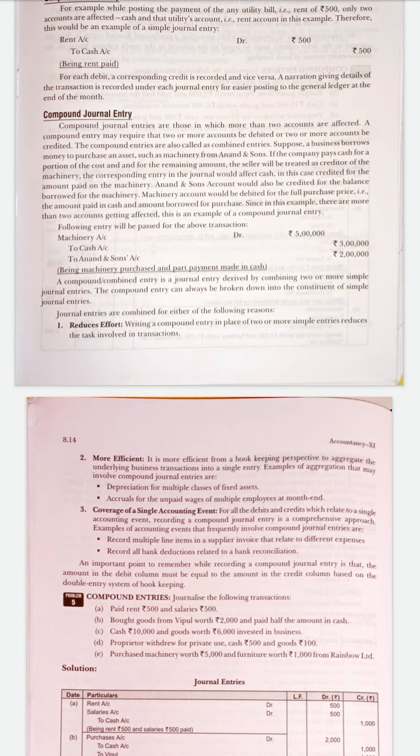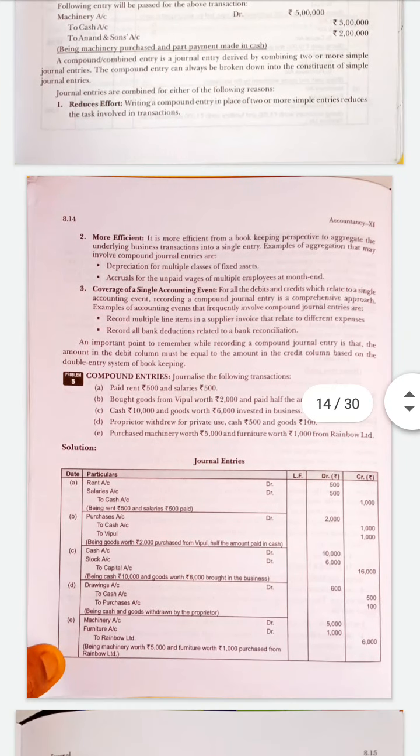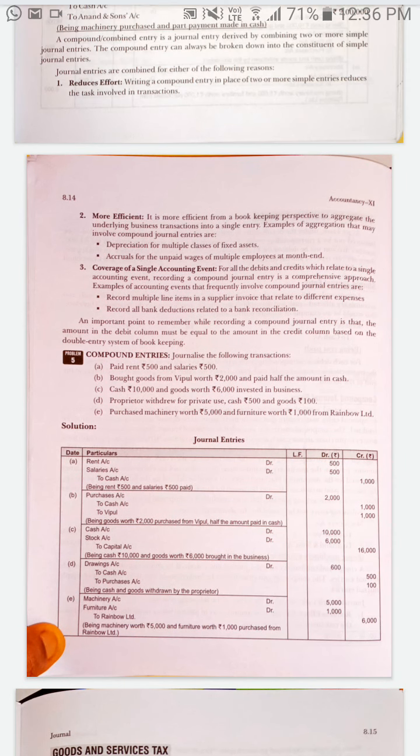So this is one of the examples of compound entry. So we have to debit all the expenses and credit only the cash account, and we will add all the amounts and credit it in the cash account. Understood? Okay. So see that, this is one of the examples for compound entries.